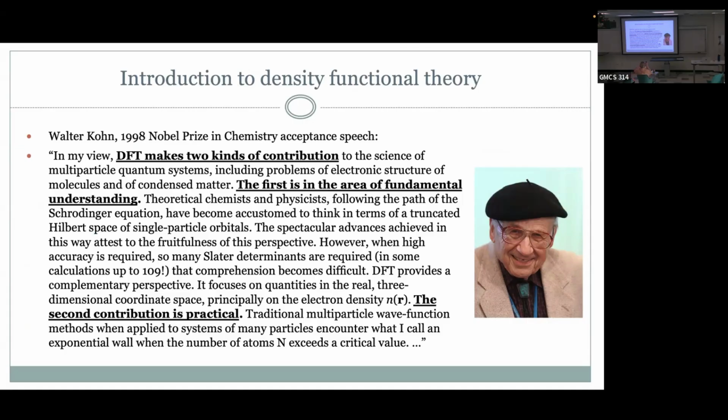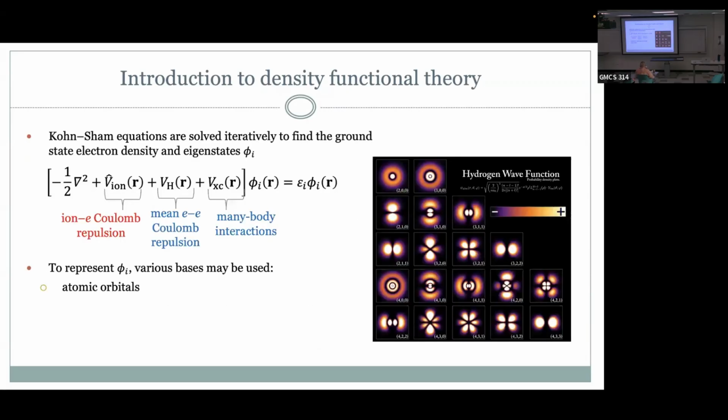So by solving for the full electronic structure of our systems and materials or in chemistry, we can understand the fundamental properties better. And the second contribution is practical. So we're able to determine the electronic structure of systems that we were not able to before, and that helps us guide applications.